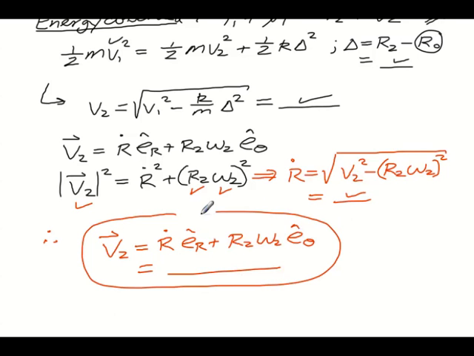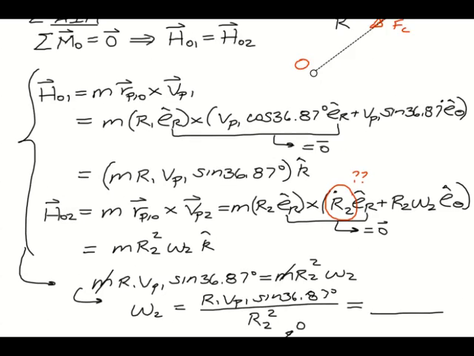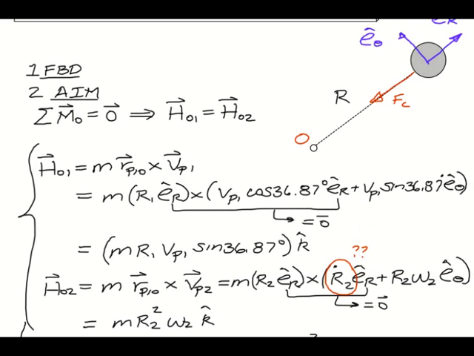Let's go back and see what we had to think about in order to get that answer. Well, the first step was to look at an FBD of this disk. And the key observation here is we found a point O such that the force acting on the disk either doesn't exist or passes through O. So the moment is zero about O. That tells us that angular momentum about O is a constant.